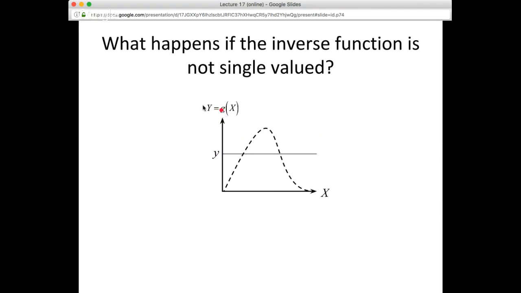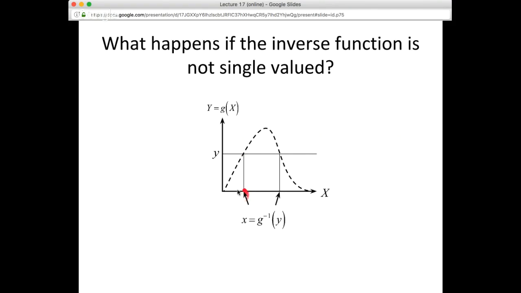Again, suppose that our random variable y is equal to some specific value, little y, which of course corresponds to this horizontal line here. And you can see that horizontal line crosses the curve for g of x at two locations. So there's not a single value of x that solves that equation. There's actually two roots.